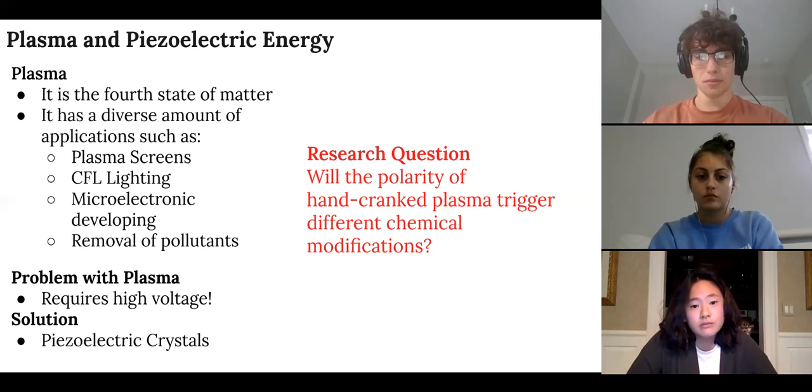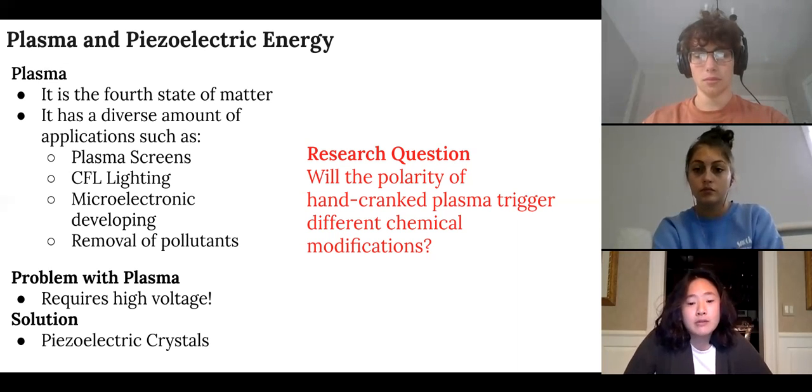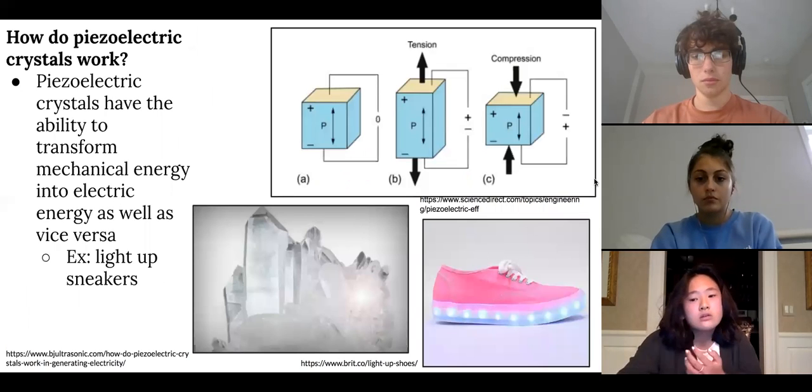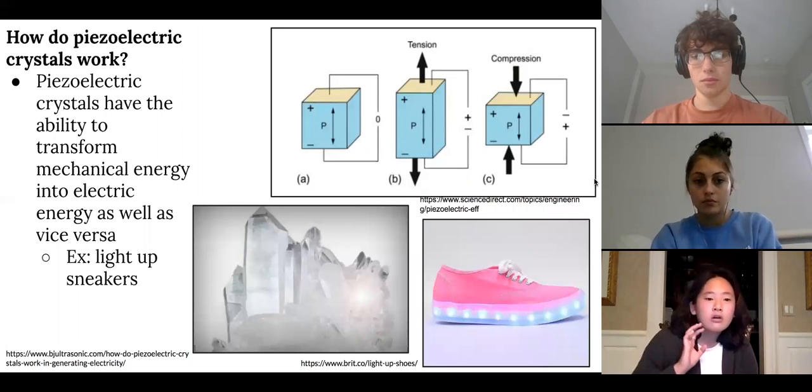And if you wanted to use plasma somewhere where you can't take high voltage, that's a problem. But one solution for this is piezoelectric crystals. And that brings me to my research question, which is, will the polarity of my hand cranked plasma device trigger different chemical modifications? First, I'm going to talk about how piezoelectric crystals work.